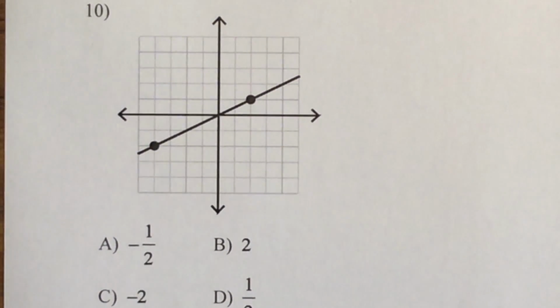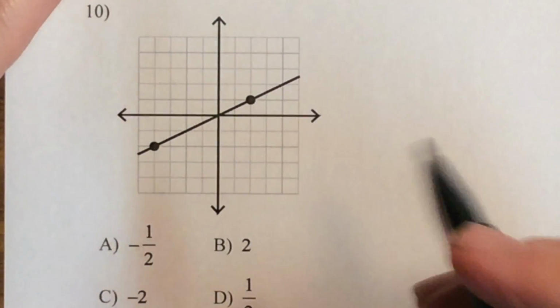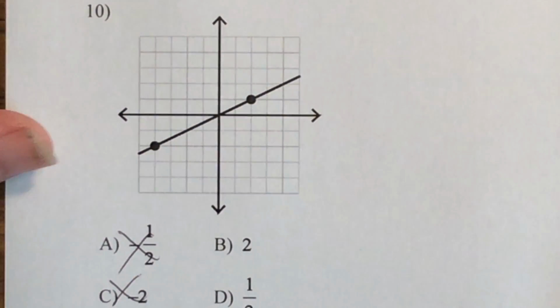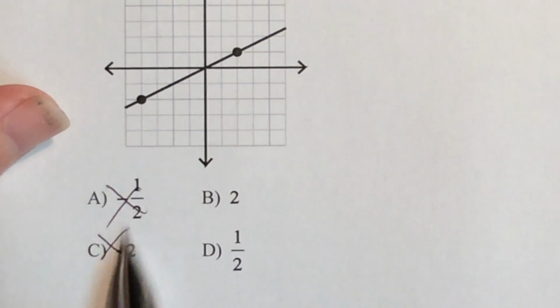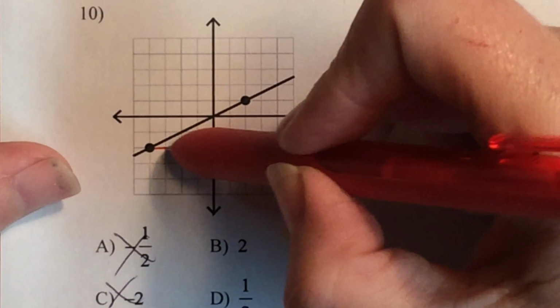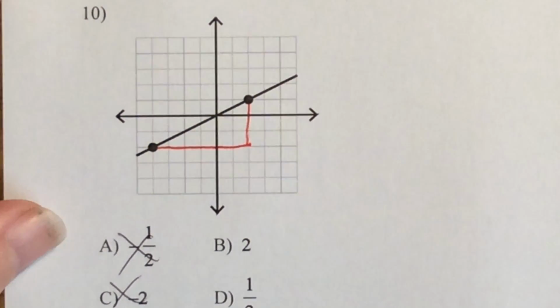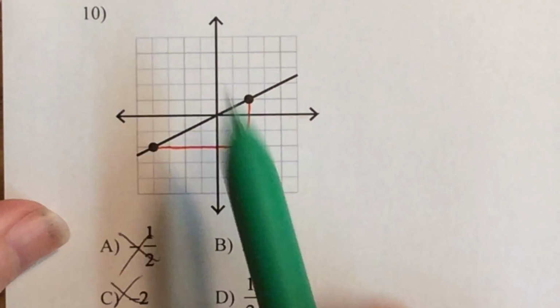All right, we didn't have any negative slopes here. This is another positive slope. So we can cancel out A and C. There's no way that it's either of those. So I'm going to draw my route and I'm going to figure out how I had to get there.